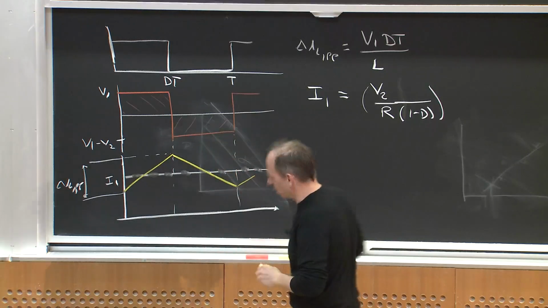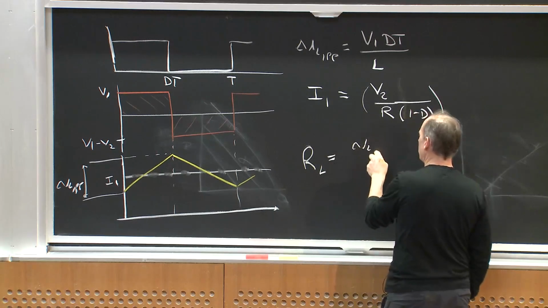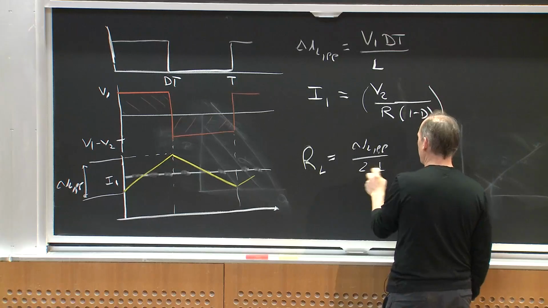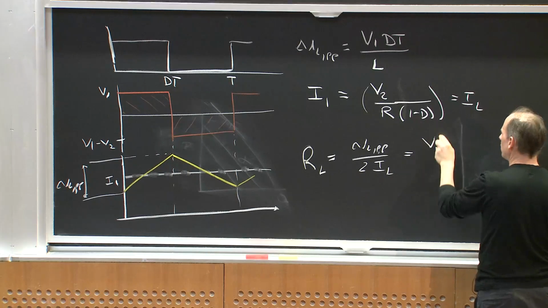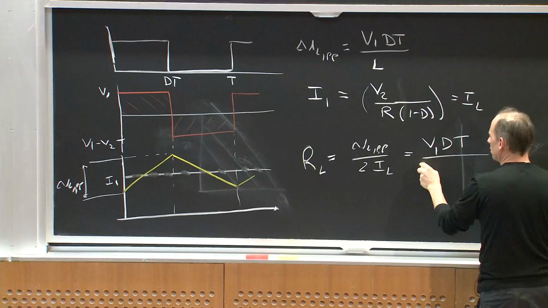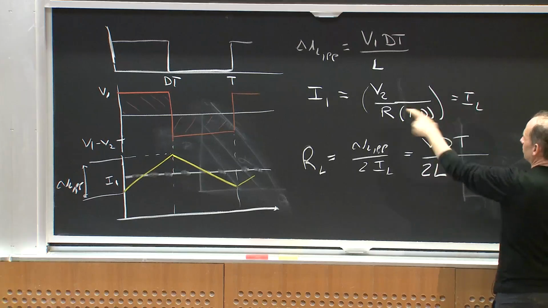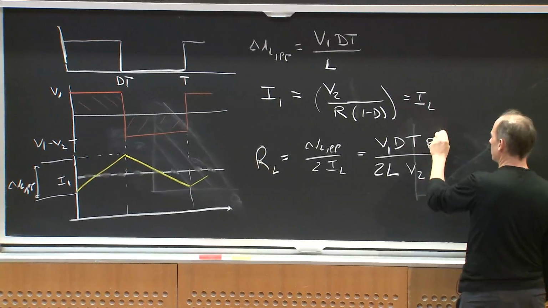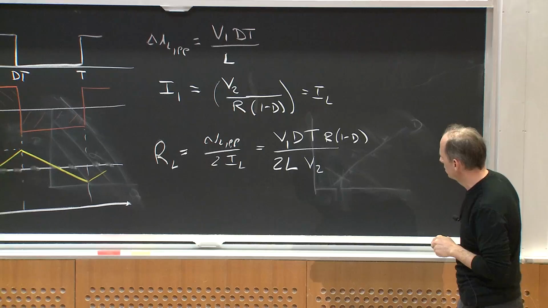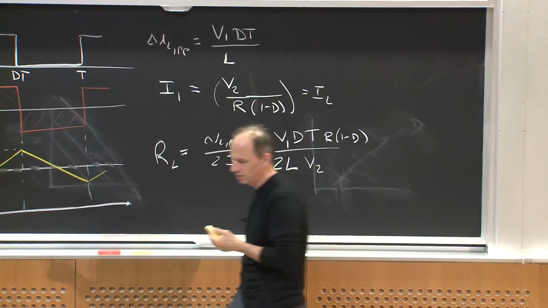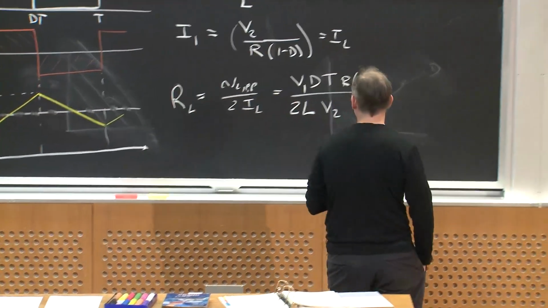So then if I were to write the ripple ratio in the inductor in this example, it is simply equal to delta IL peak to peak over 2 divided by IL. And this is going to give me V1 dt over 2L, and IL is V2 over R times 1 minus D. I can get rid of V1 and V2 here.